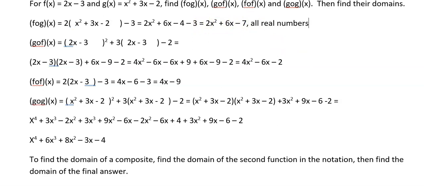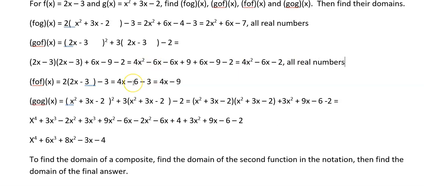Or you might remember that we could put that in interval notation as negative infinity to positive infinity. All right, so let's do G composed with F. So this time we look at F. F is also a polynomial, so its domain is all real numbers. If we look at the final answer, it too is a polynomial, so its domain is all real numbers. So this has domain all real numbers.